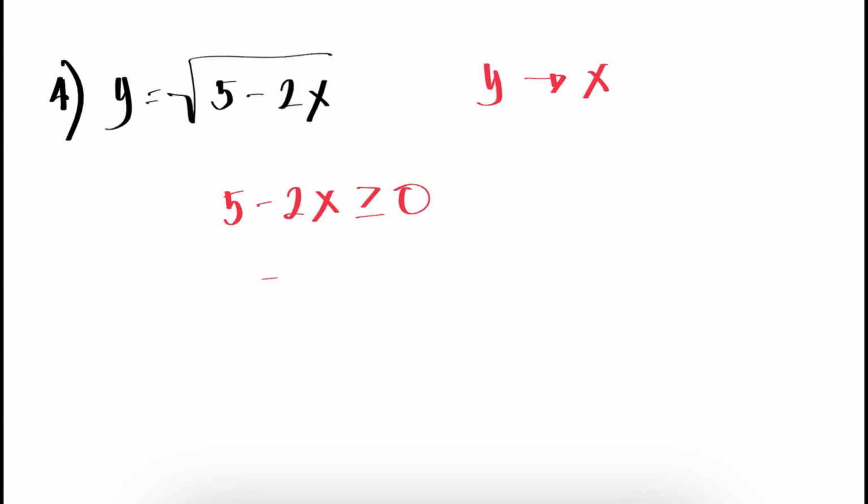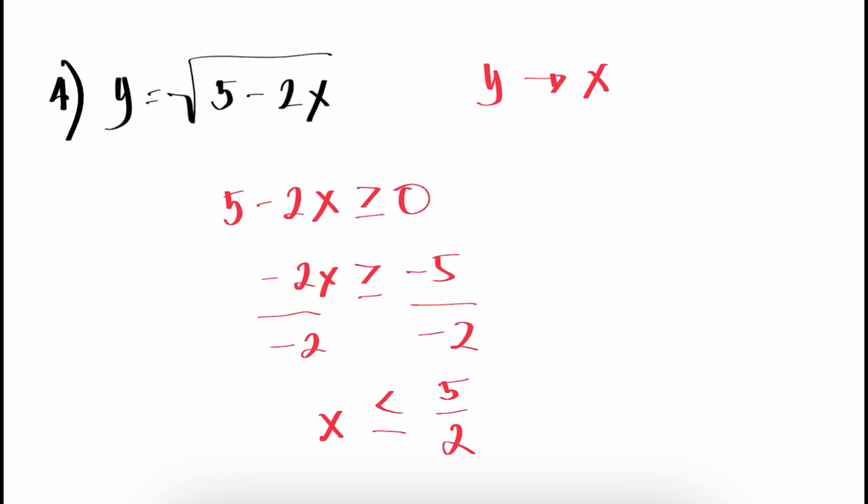We have negative 2x must be greater than or equal to negative 5. If we divide both sides by negative 2, the symbol of inequality will change. Therefore, we have now x is less than or equal to negative 5 divided by negative 2, which becomes positive 5 over 2.